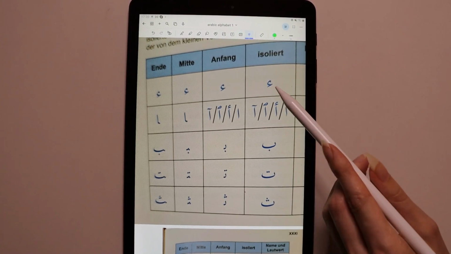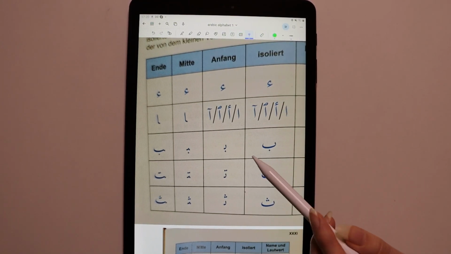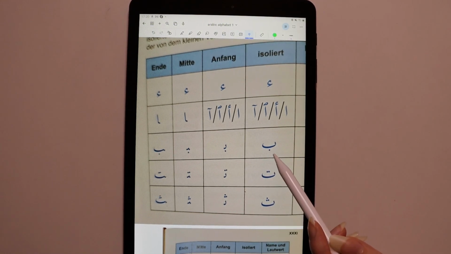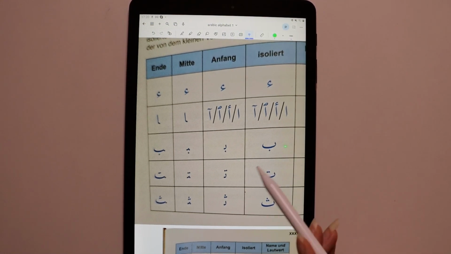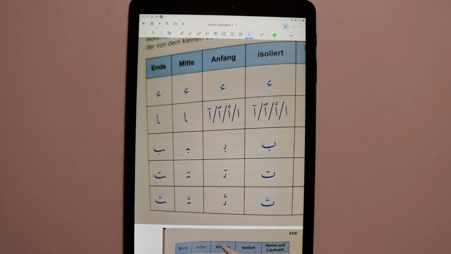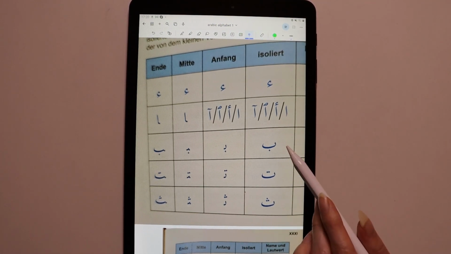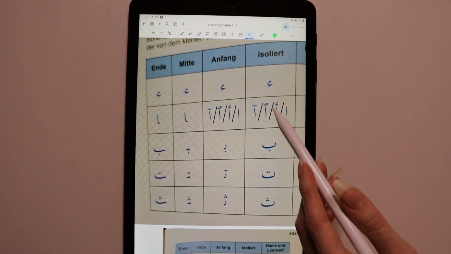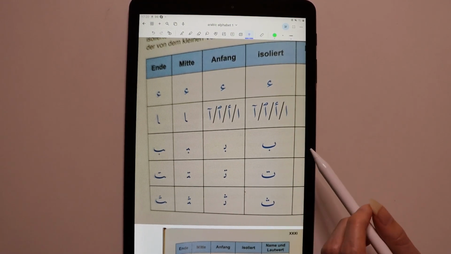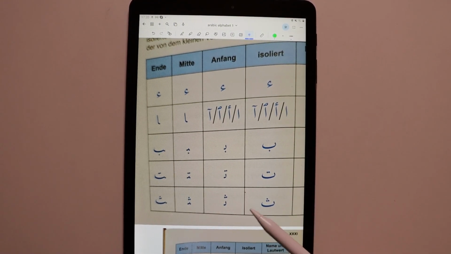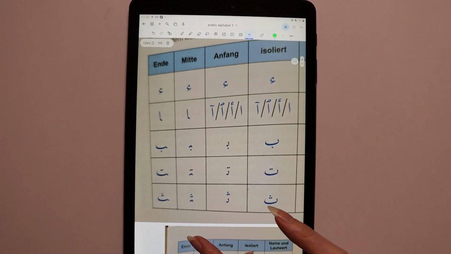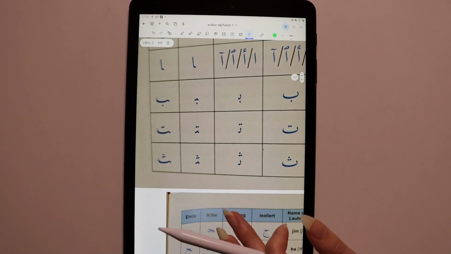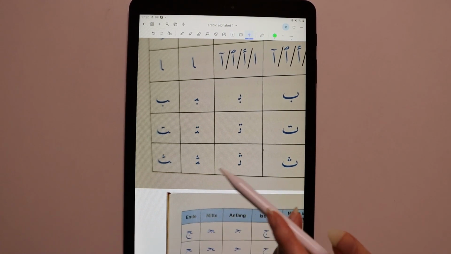So you have the isolated form, which is just the basic form, how you see the letter if you see, I don't know, just a poster of the alphabet. Maybe it's easier to learn the letters like this, just one letter at first, and then later on you can learn the other forms, because depending on where in a word the letter is located, it looks different.